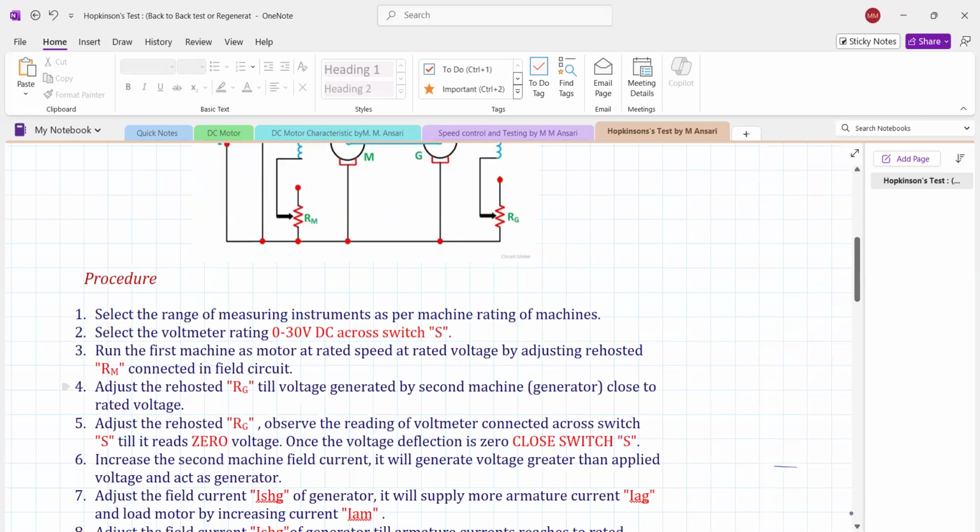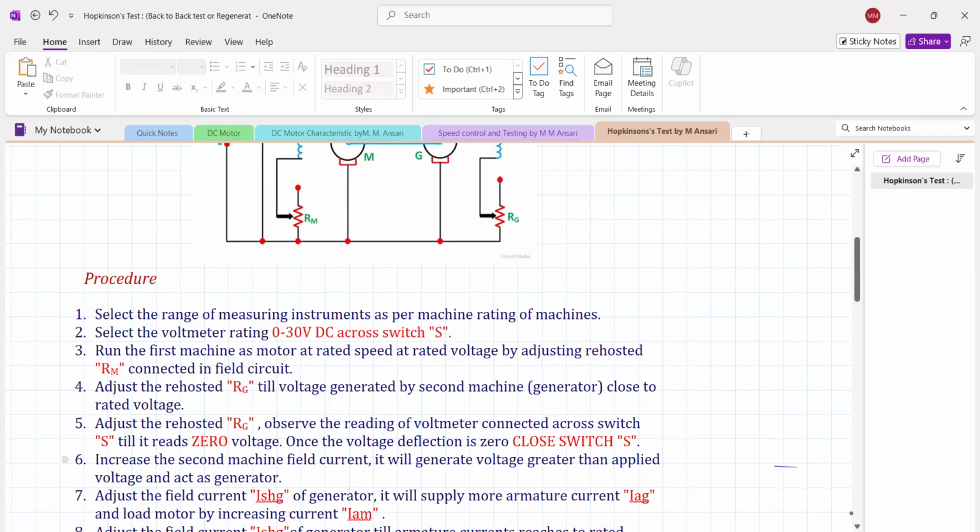Adjust the rheostat RG, that is the generator voltage, till the voltage generated by the second machine is close to the rated voltage. This rheostat RG is connected in the field circuit of the generator. Observe the voltmeter connected across switch S till it reads zero voltage. Once the voltage deflection is zero, close the switch.